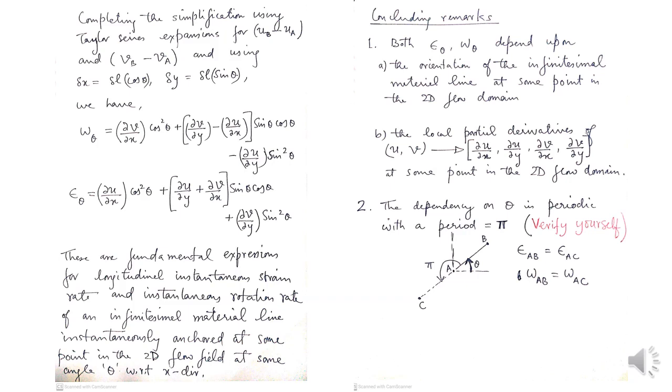We will evolve an expression for the shear strain rate by considering two material lines, and then we will see some very interesting properties associated with these local deformation and rotation rates. That will be taken up in the third lecture.